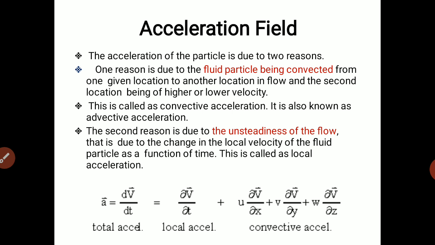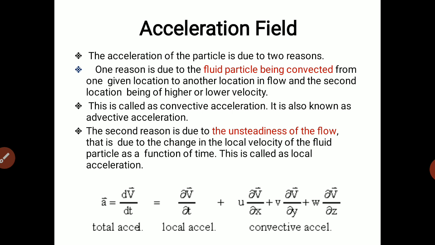The acceleration of a particle is due to two reasons. One reason is due to the fluid particle being convected from one given location to another location in the flow, with a higher or lower velocity. That is the first reason for the motion or acceleration of the particle.